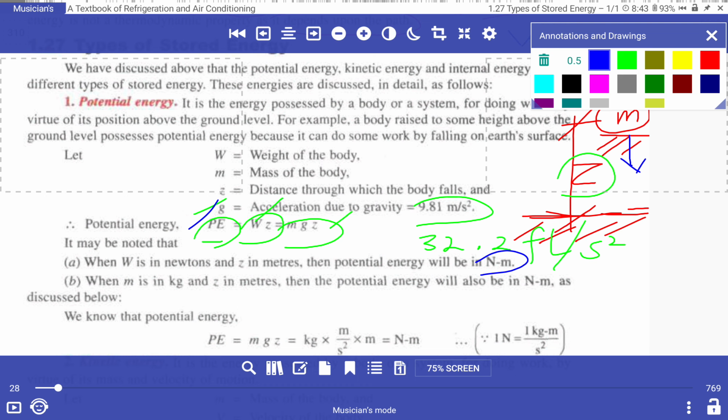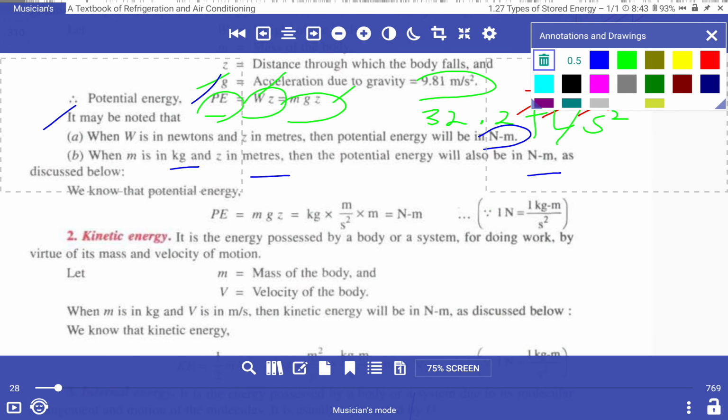B: when M or mass is in kilogram and Z in meters, then the potential energy will be in Newton meter as discussed. Don't be confused with that. That's the unit.